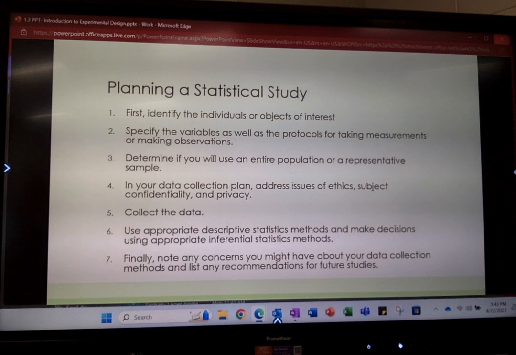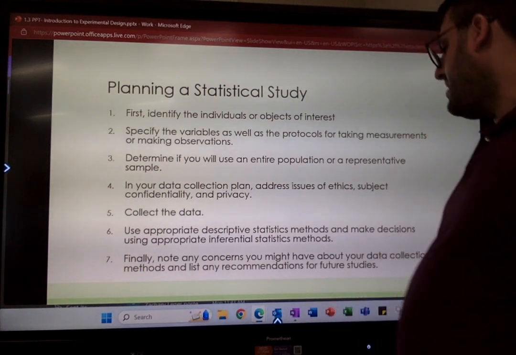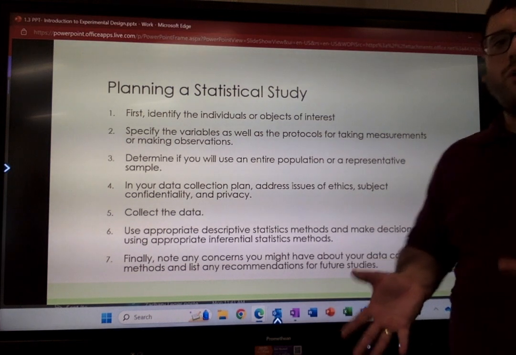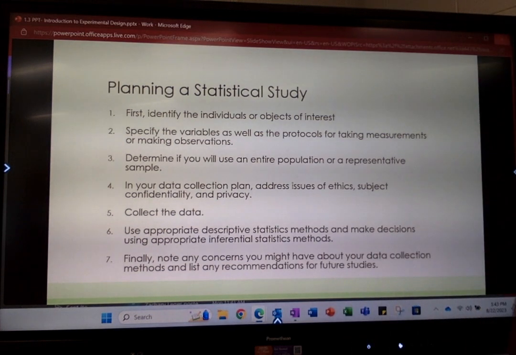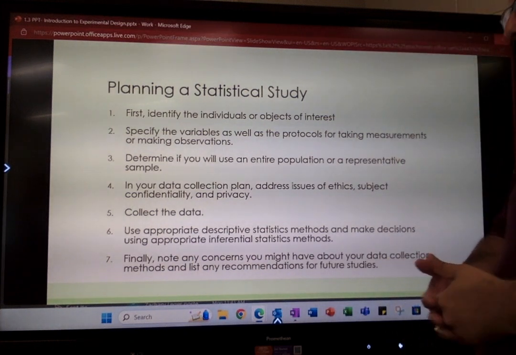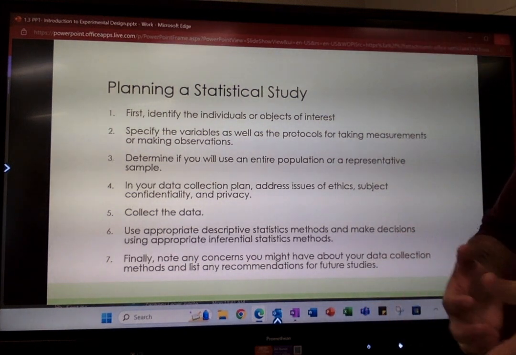Finally, note any concerns you might have about your data collection methods and list any recommendations for future studies. Obviously, we're human. We're not going to have a perfect study every time. So once everything's finished and once we've finished our study, now is the time to make an accurate reflection. Did I do everything that I needed to do? Were there any non-sampling errors that I made?